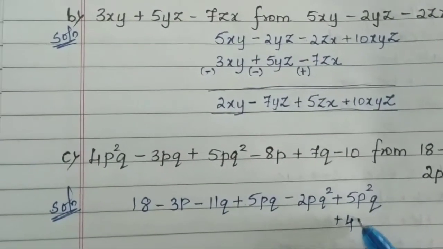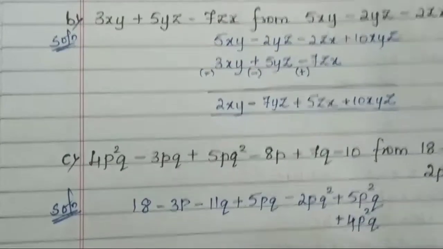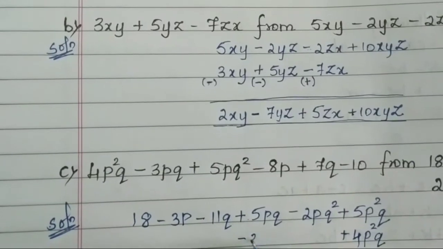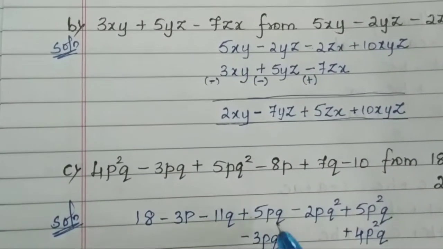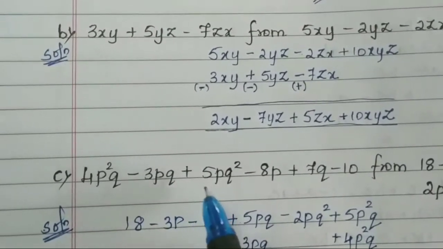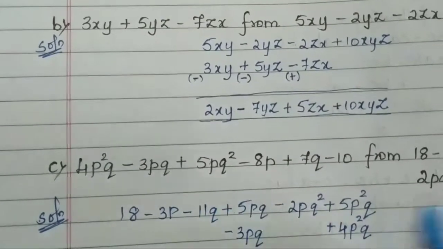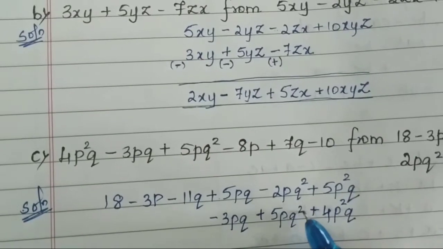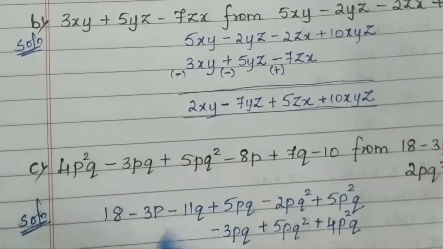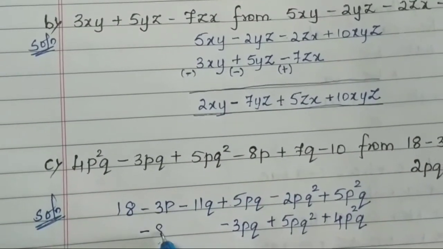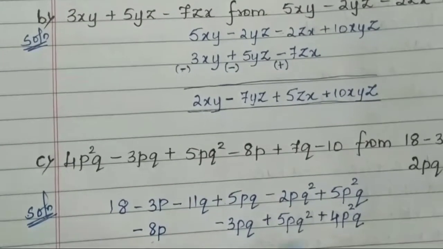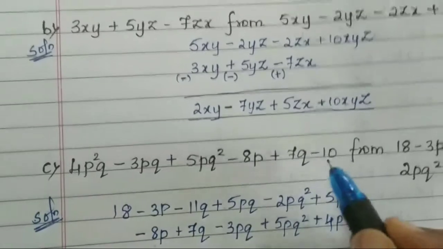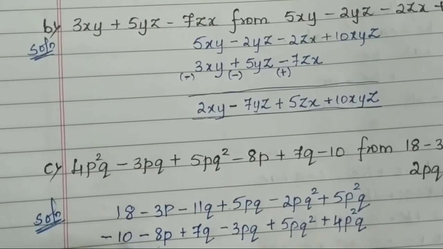Plus 4p square q will be here, and minus 3pq will come below this pq, and next is plus 5pq square. Minus 8p will be coming here, and plus 7q will be coming here, and minus 10 will be coming here.